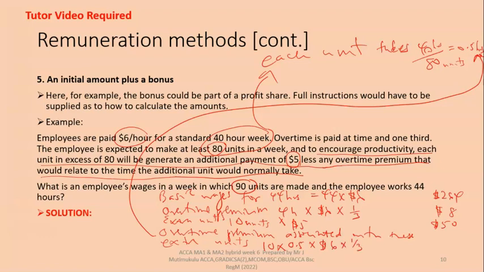But remember, this figure, we get $10, which should be deducted, because we are told here less any overtime premium that would relate to the time the additional units would normally take. So this is why we are deducting here, and we get our $312.